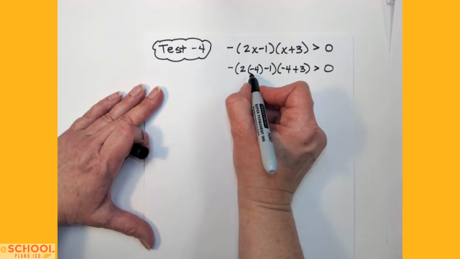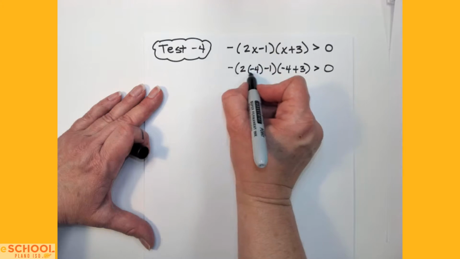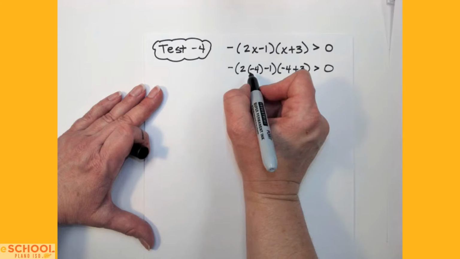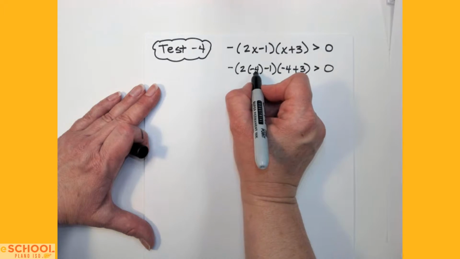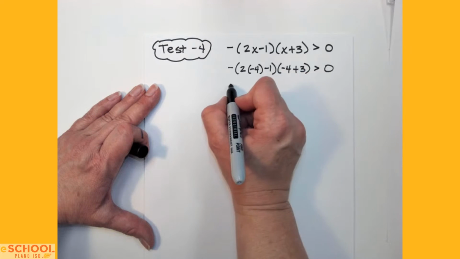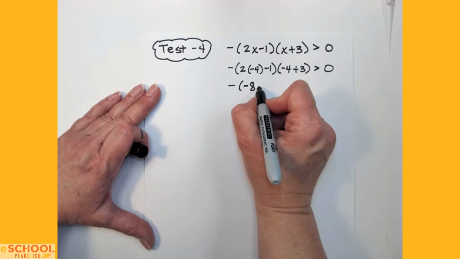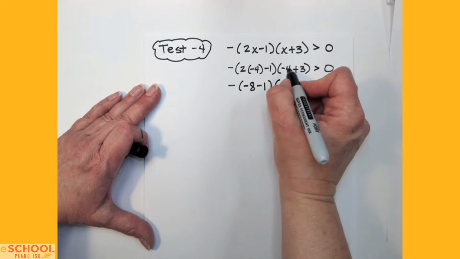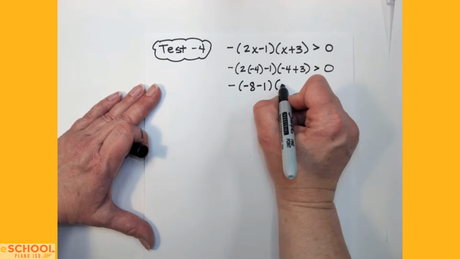So let's do some simplifying in here. Remember order of operations. We've got to multiply inside first and then do our subtraction. So 2 times negative 4 is negative 8. Actually, let me show that step. Negative 8 minus 1. And now I can do the negative 4 plus 3. That's negative 1.